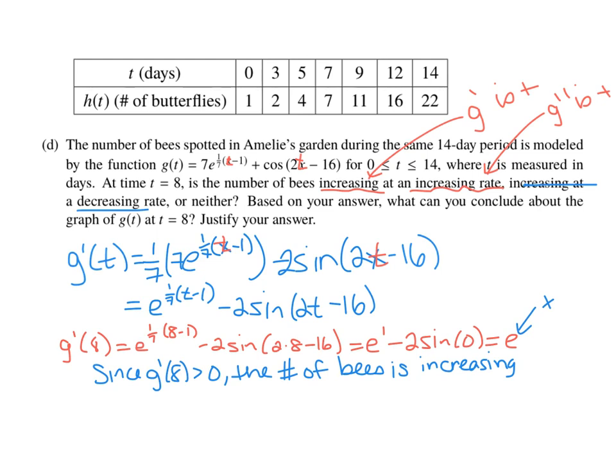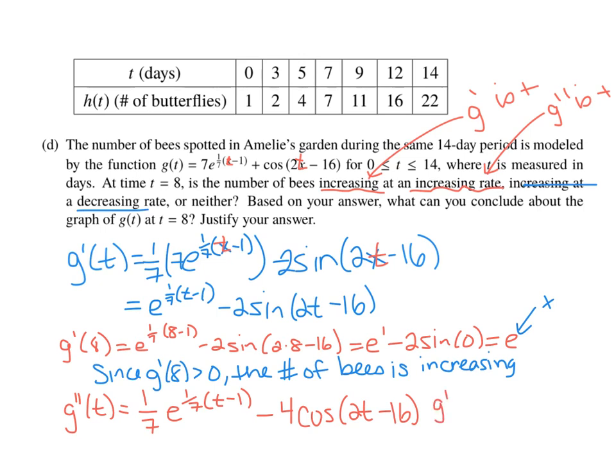The next thing I need to figure out is if it's increasing at an increasing rate or if it's increasing at a decreasing rate. I'm going to do that by finding g double prime. So I find the second derivative. This is what I get. If I do g double prime of 8, I end up getting 1/7 times e minus 4.